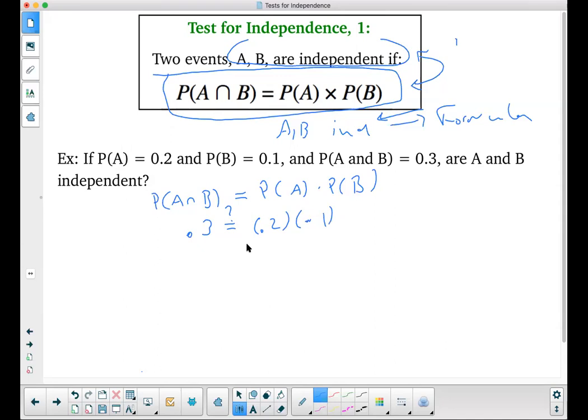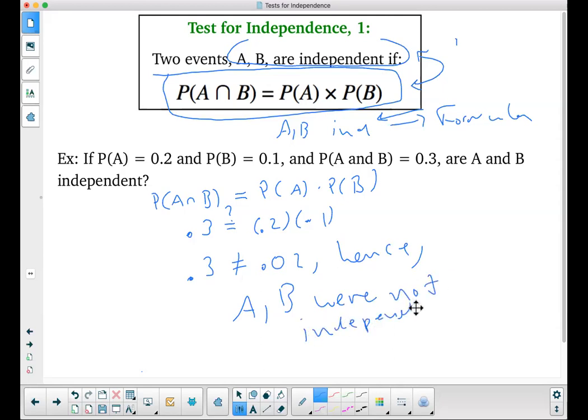So I'm going to do 0.2 times 0.1 equals 0.02. So 0.3 does not equal 0.02. Hence, the events A and B were not independent.